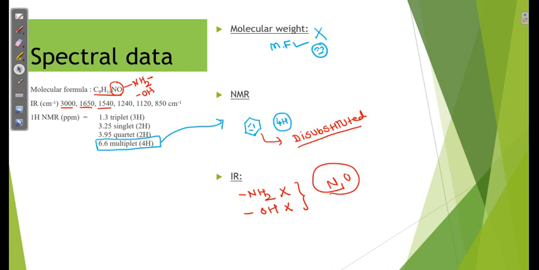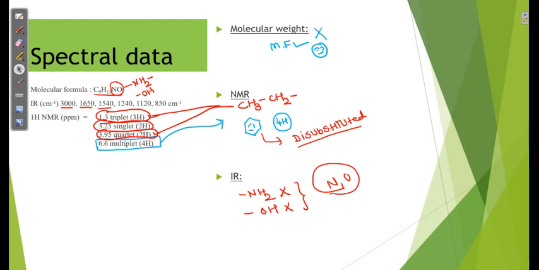It has a triplet and a quartet. From the triplet and quartet, we make a group of this compound, which is CH3, CH2, one fragment. And one more fragment we have, that is at 3.24, singlet, NH2.